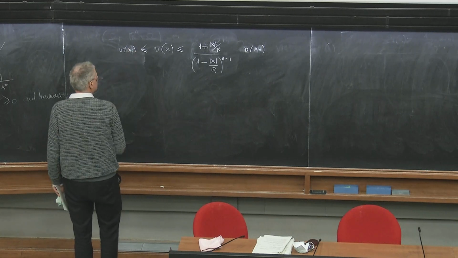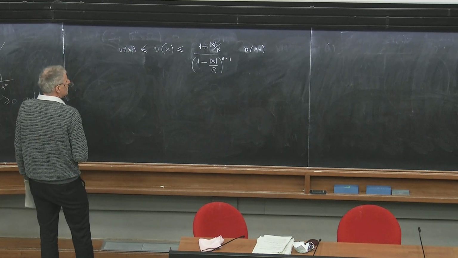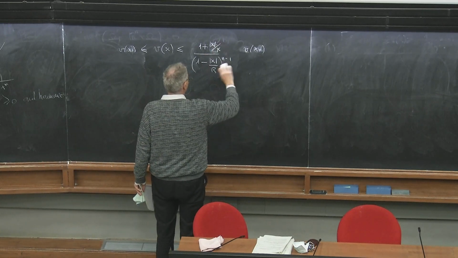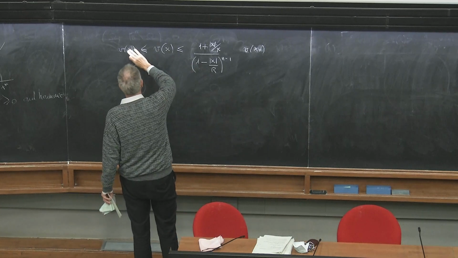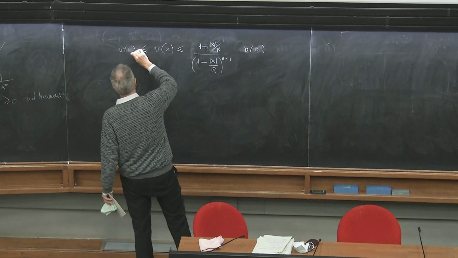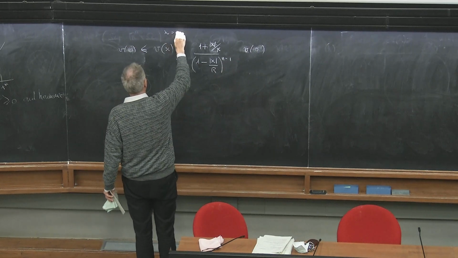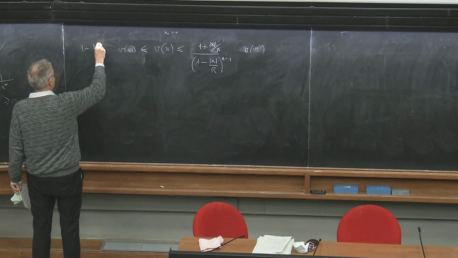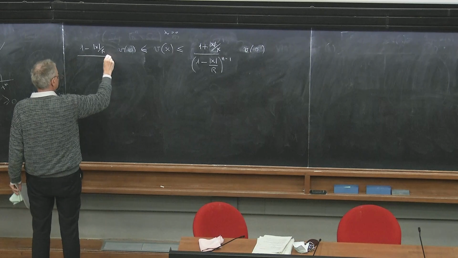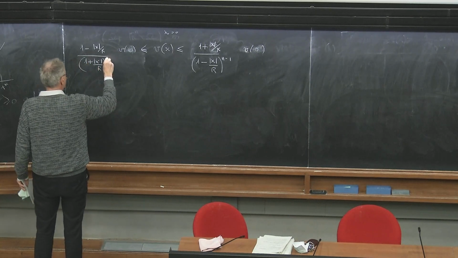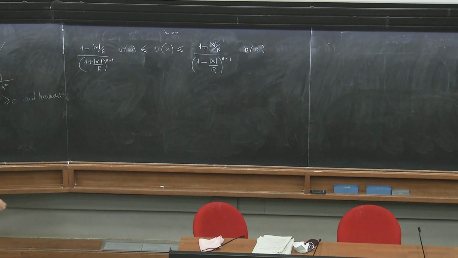Let me do it at the origin: 1 minus |x| over R divided by 1 plus |x| over R to the n minus 1.